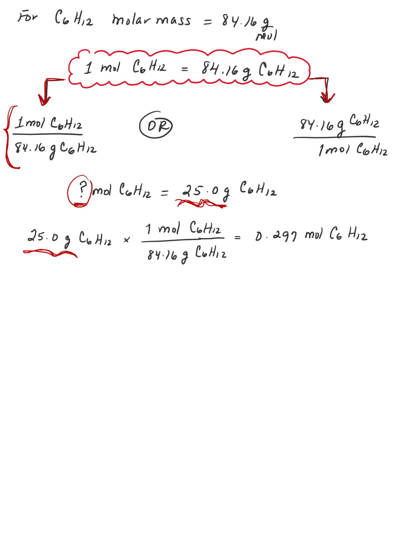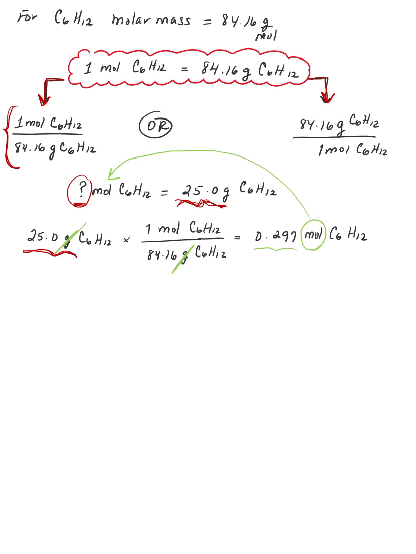So I have my problem, 25 grams of C6H12 times 1 mole of C6H12 divided by 84.16 grams of C6H12. Your units, your grams, are canceling out with grams. So when you solve your problem, the only unit that is not canceling out is moles, which is the unit that you're actually trying to calculate. And that's the amount of moles that you have.